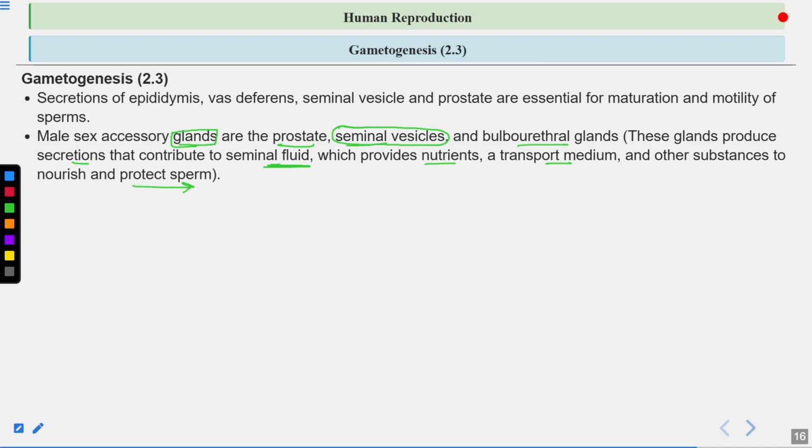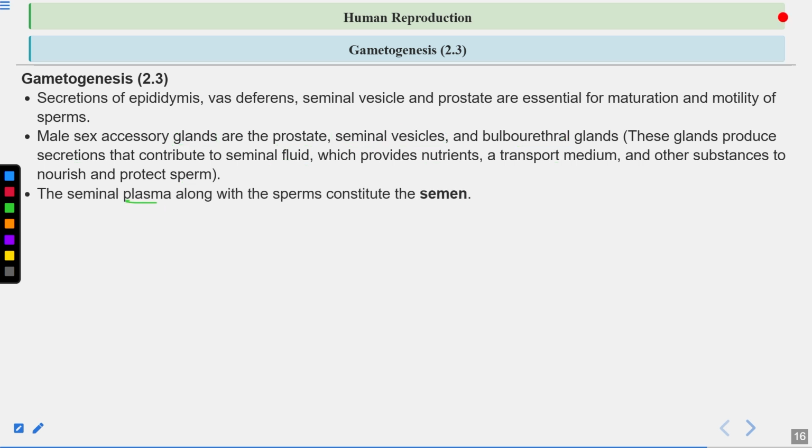Then the secretion of the prostate gland. The prostate gland secretes a milky alkaline fluid, which is again a major component of the semen. The bulbourethral gland lubricates the penis or urethra and also neutralizes the acidity caused due to urination. And the neutralization of acidity is very important for the viability of the sperms.